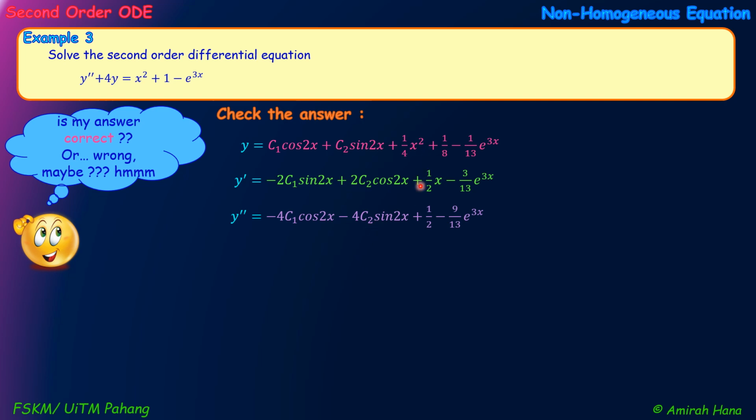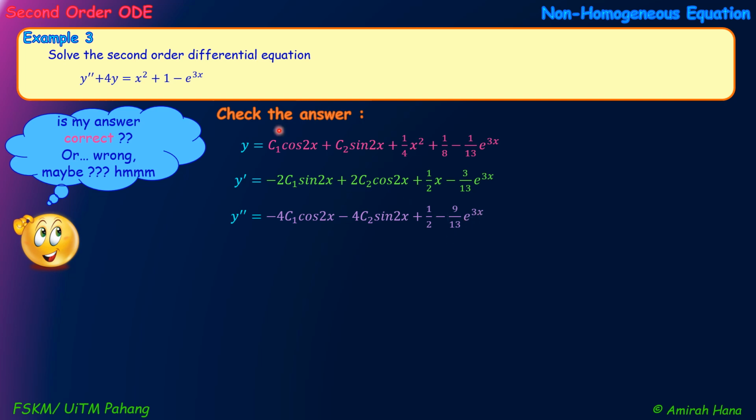And then we differentiate half x, we get half, and then we differentiate this function, so we still have constant negative 3 over 13. Then we differentiate e to the power of 3x, we get e to the power of 3x, and then we differentiate the exponent, so we get 3. So 3 multiplied by 3 in numerator here, so we get negative 9 over 13 e to the power of 3x.